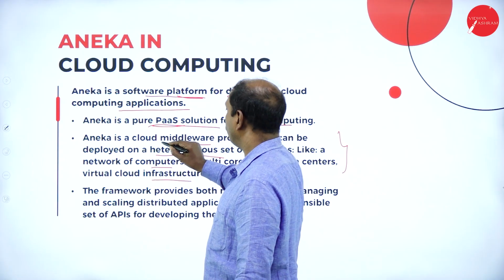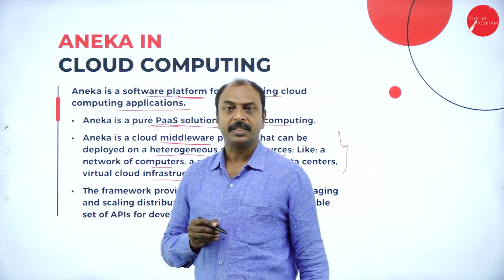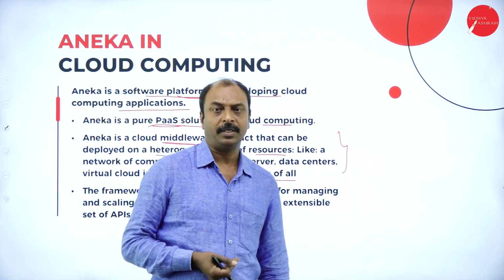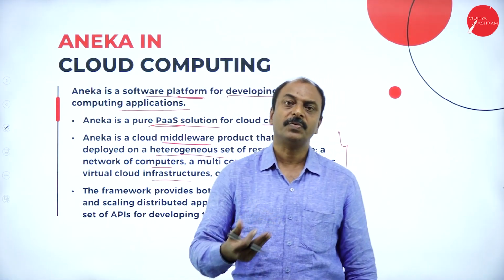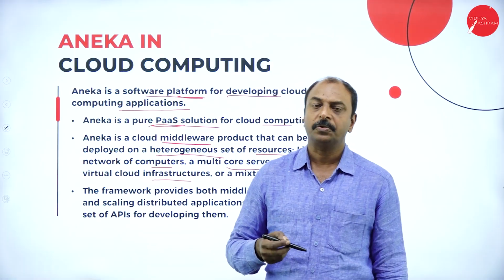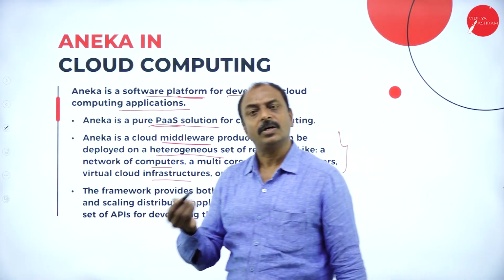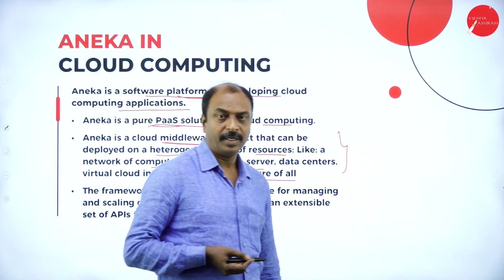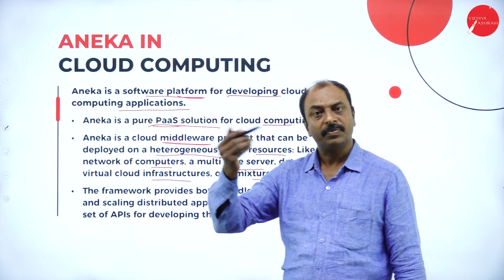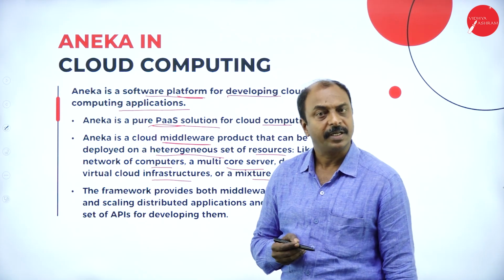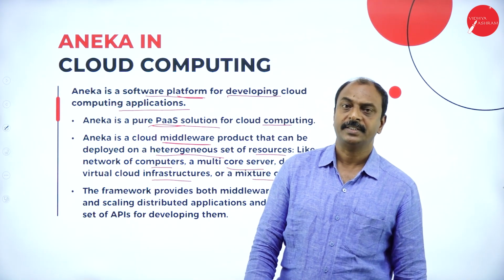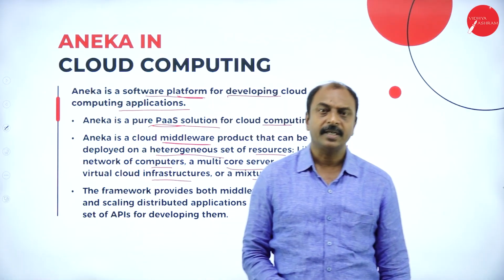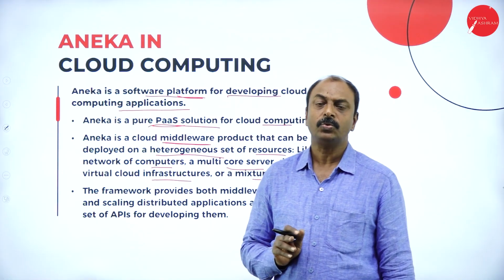So it is a middleware. What is the meaning of the middleware here? This Aneka is a platform. It will be deployed or implemented on the infrastructure. The infrastructure would be the bottom layer, and then on top of it we have Aneka. That is called a middleware, and over it, on top of Aneka, we have the application layer where all APIs or applications are stored, and the users or the client can access those applications through API.